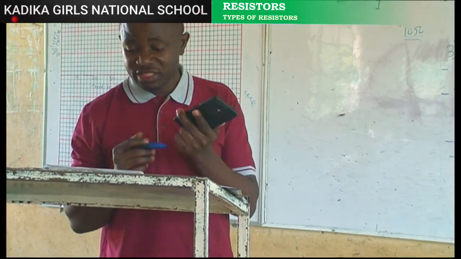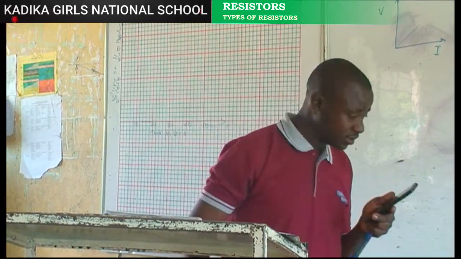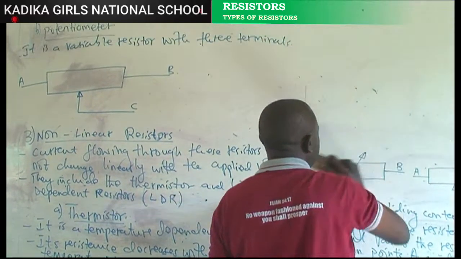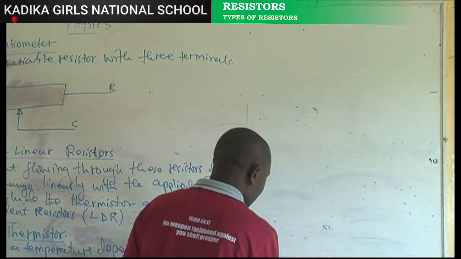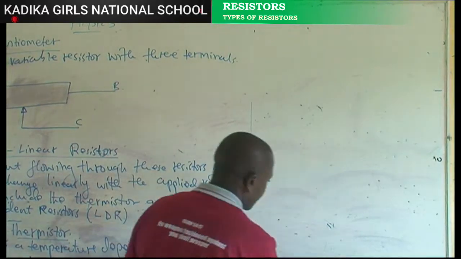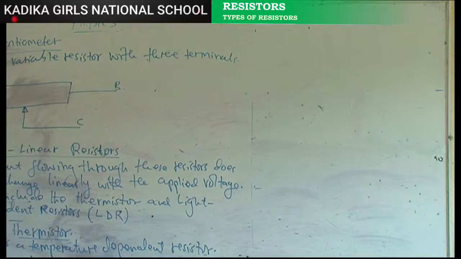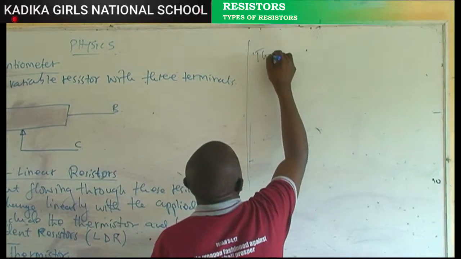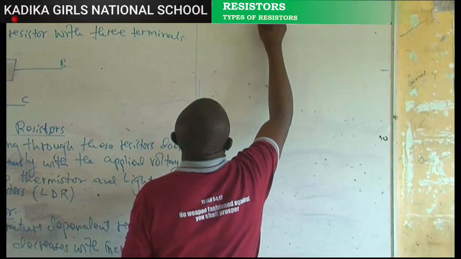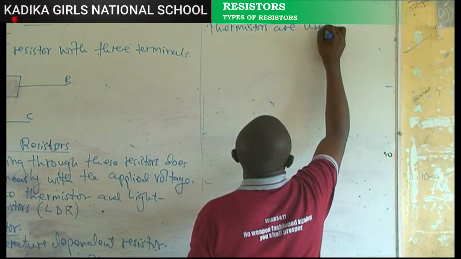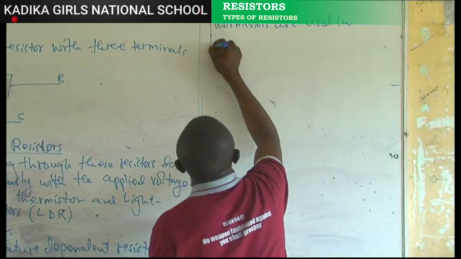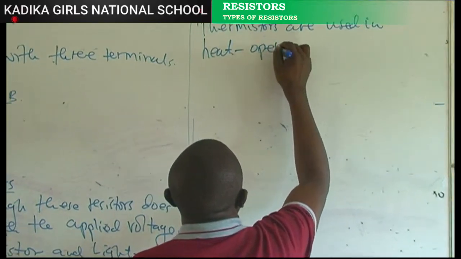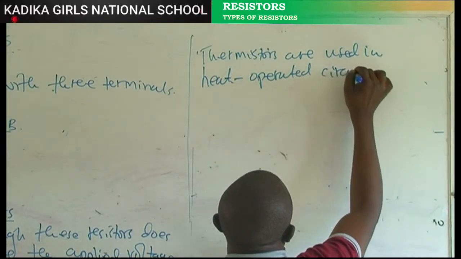Now, these thermistors, in most cases, are used in heat-operated circuits because it is a temperature-dependent resistor. So, you can also note that thermistors are used in heat operated circuits.